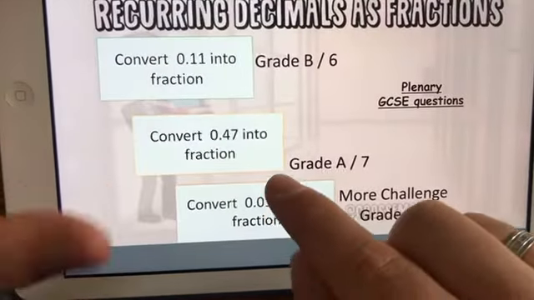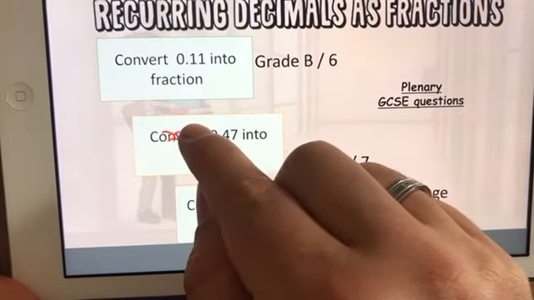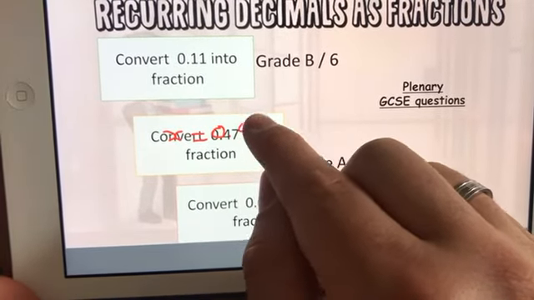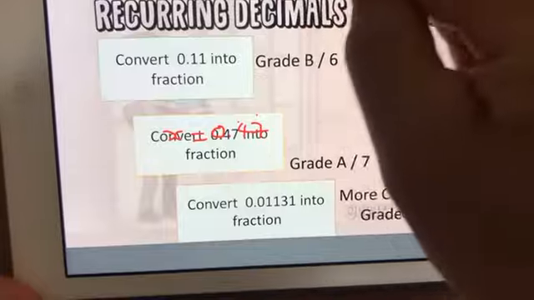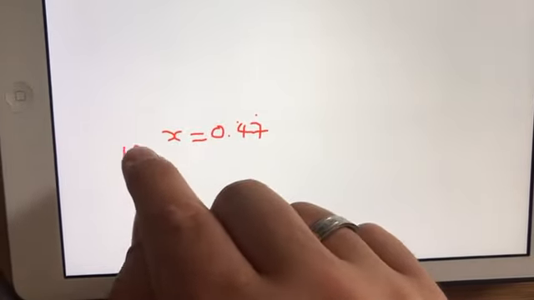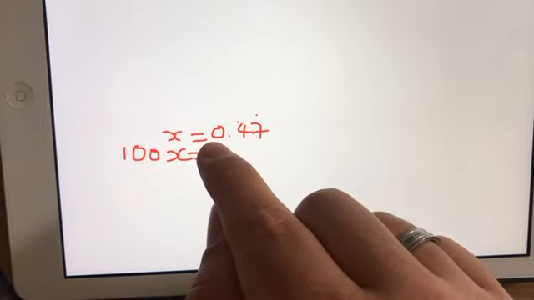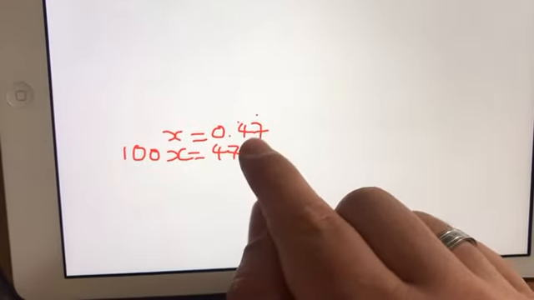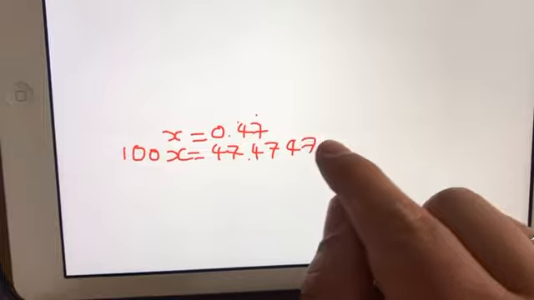Next one, I've got x equals 0.47 with 2 recurring digits. Similar thing, I'm going to times by 100 this time though. 47.4747 going on forever.